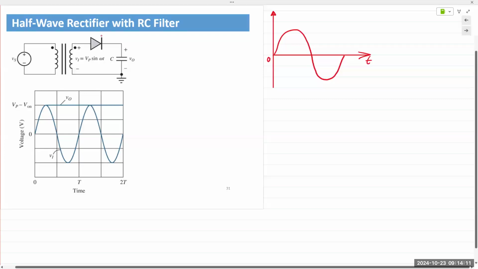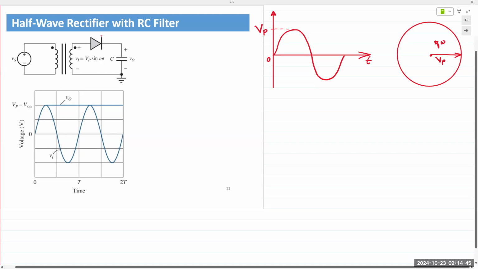If we take this as 0, meaning the beginning of our analysis, we can represent it as a vector rotating in the complex plane, rotating counterclockwise. This is the peak value. That is also the length of that vector.